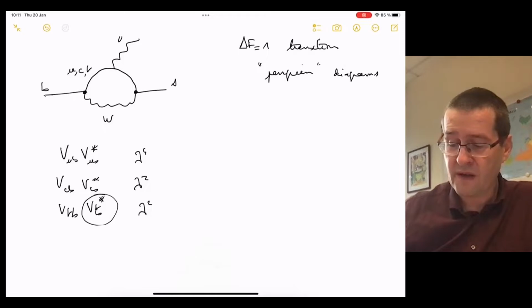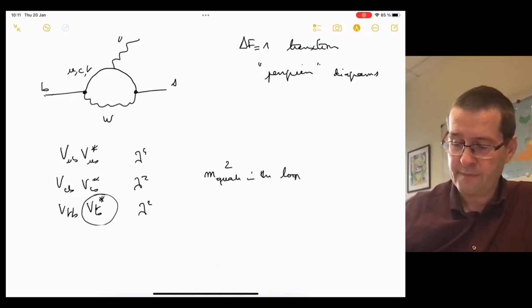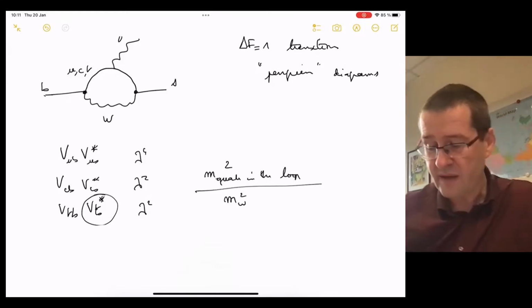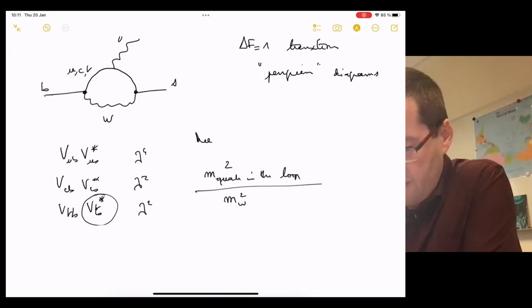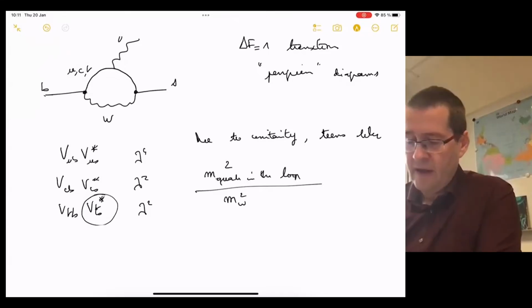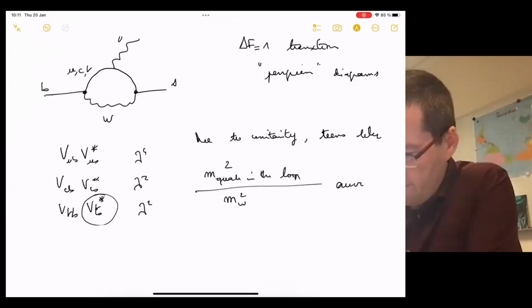And so we saw last time that the diagrams go like the mass of the quark in the loop over mW squared, which means that, due to unitarity, terms like this one survive, with no constant term.